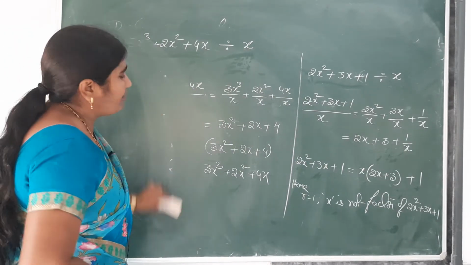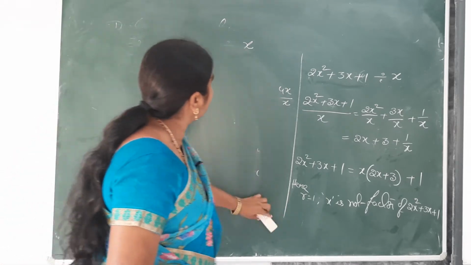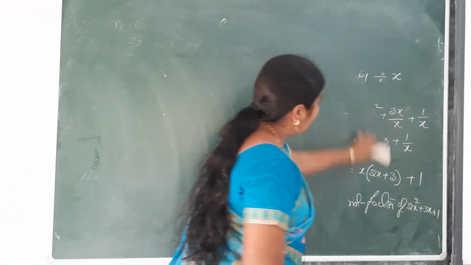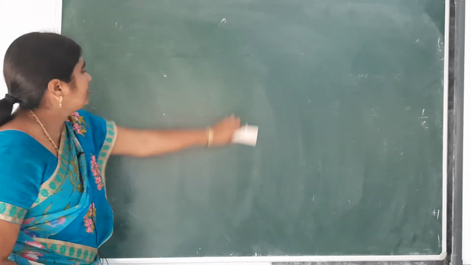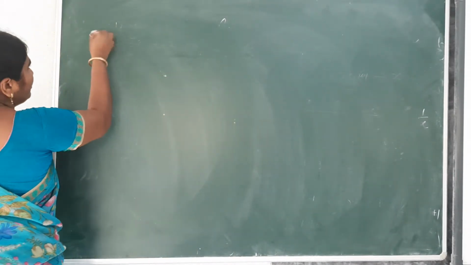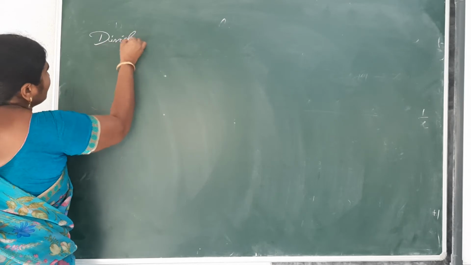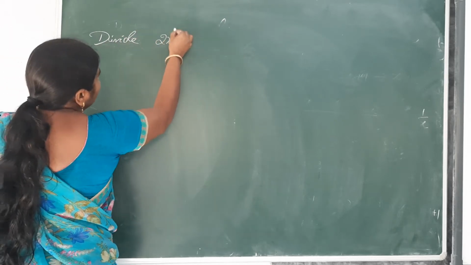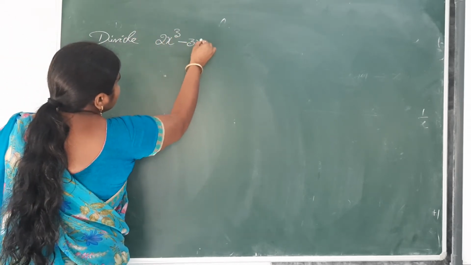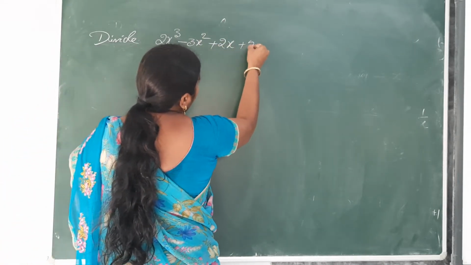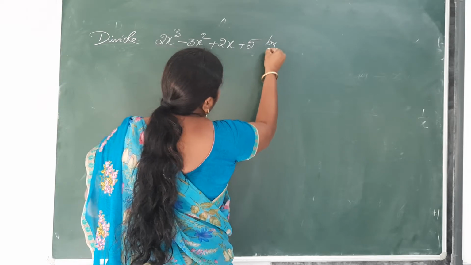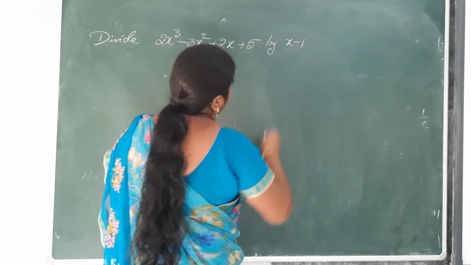Let us see another example. Divide 2x cube minus 3x square plus 2x plus 5 by x minus 1.